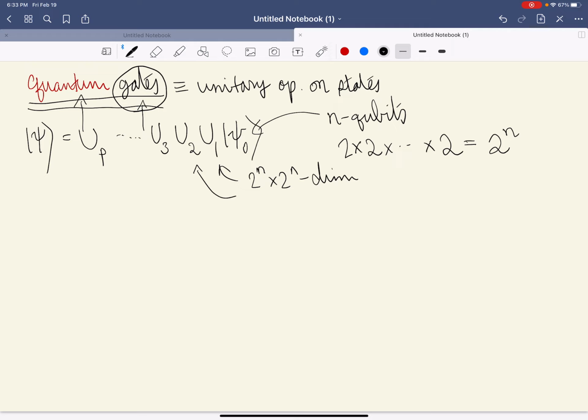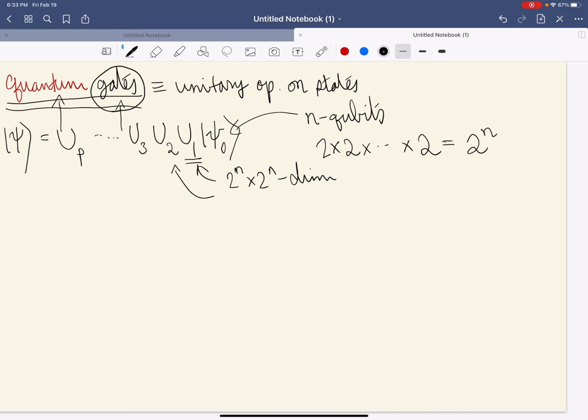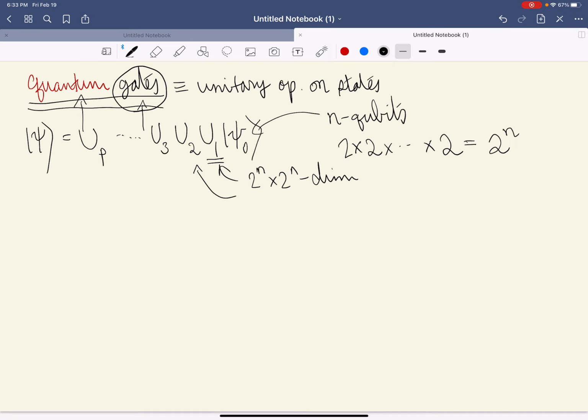That's the dimension of the Hilbert space for the n-qubit system. Which means that any unitary operation acting on this state is necessarily 2^n by 2^n dimensional. But that's a really big unitary matrix. And not only is such a big unitary matrix difficult to handle mathematically, but it's also very difficult to handle physically.